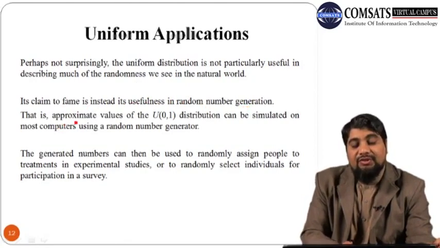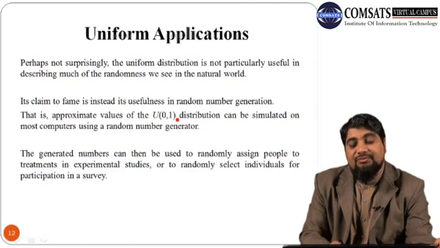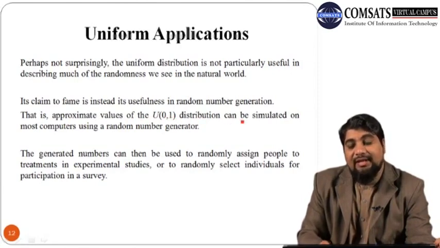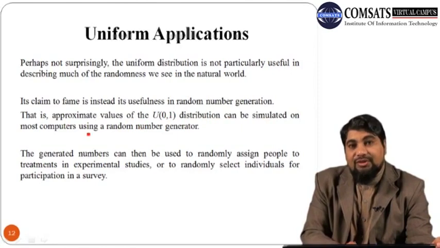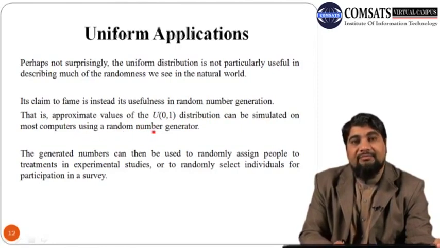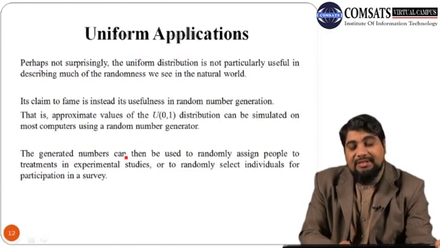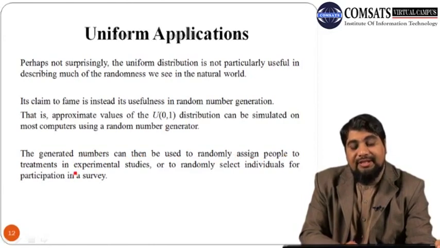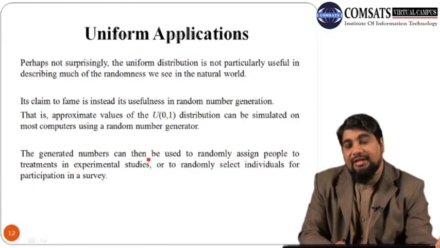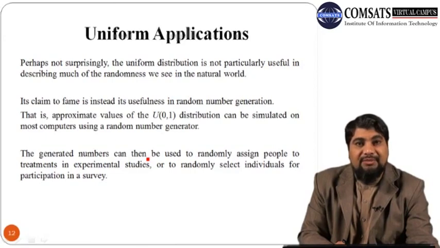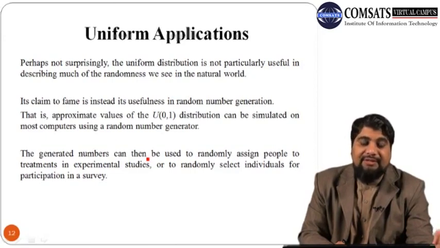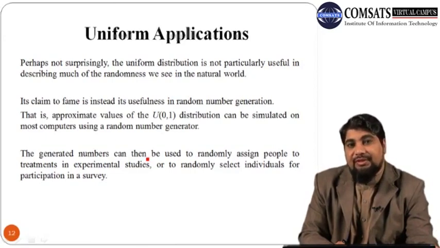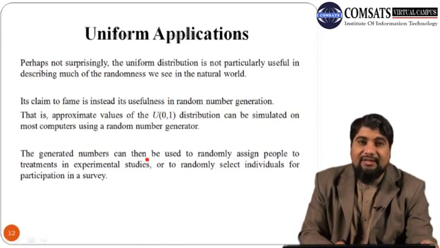That is, approximate values of uniform distributions between 0 and 1 can be simulated on most computers using a random number generator. The generated numbers can then be used to randomly assign people to treatments in experimental studies, or to assign people to the control group.